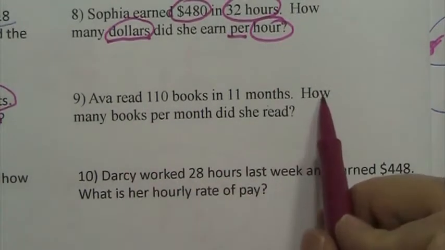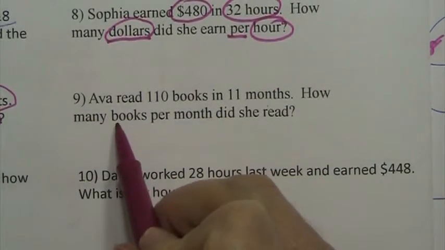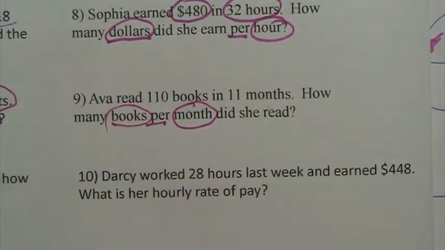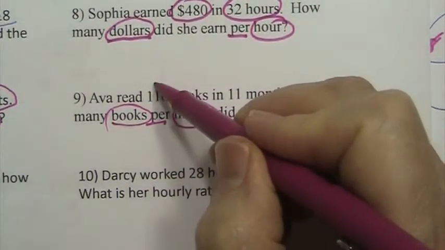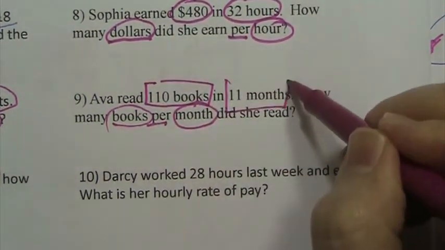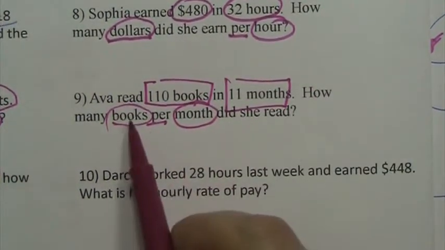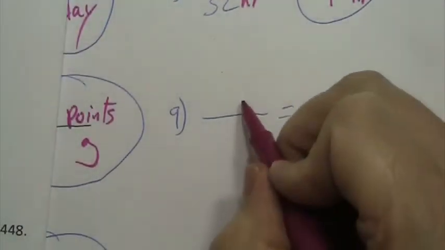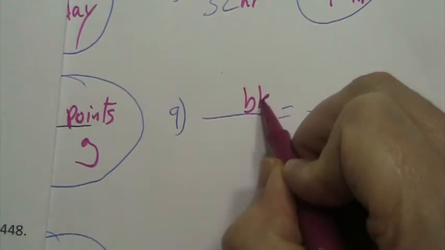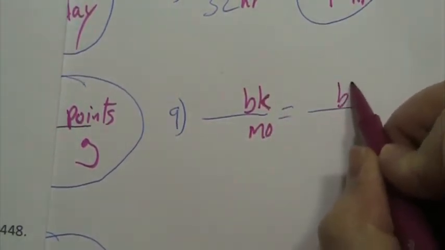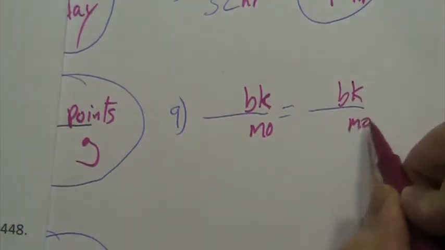Number 9, it wants to know how many books per month. And what do we know? There's 110 books and there are 11 months. Books over months. So you put that down in your units. I'll just use BK for books, months.